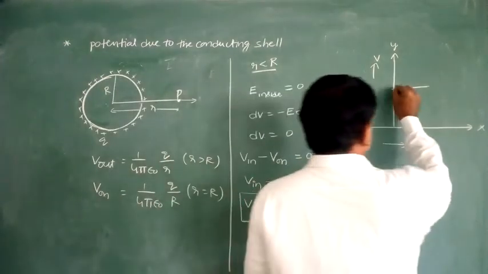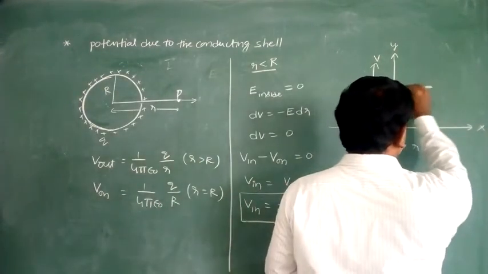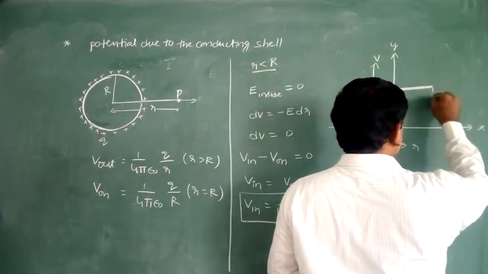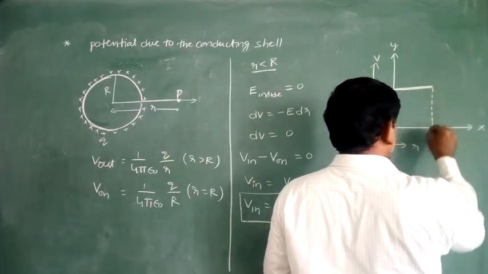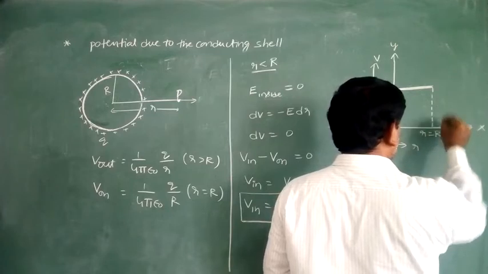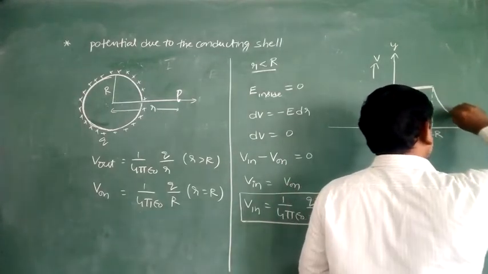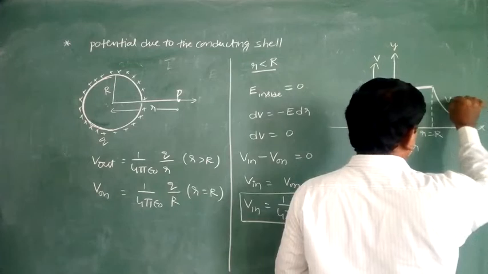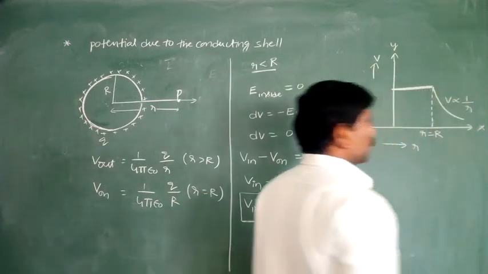So potential is constant inside this shell. Then as small r goes beyond the capital R, the potential decreases with respect to distance. Here V is inversely proportional to r.